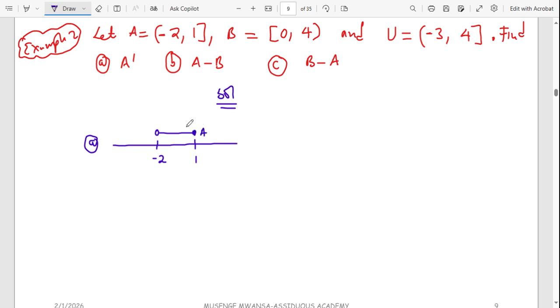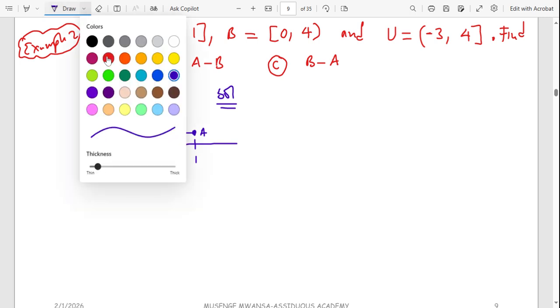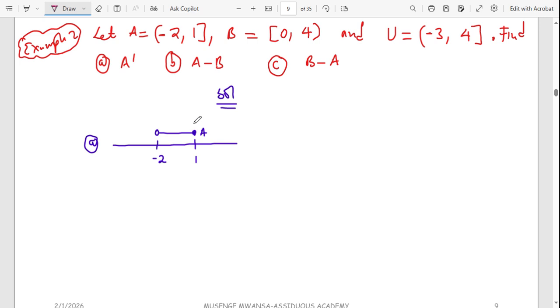So the set A complement, therefore, is going to start from 1, because 1 is shaded for A. For A complement, I will not shade. And then negative 2 is not shaded, meaning that negative 2 is not in A, so it will be outside A. Do we get it there? Do we understand?